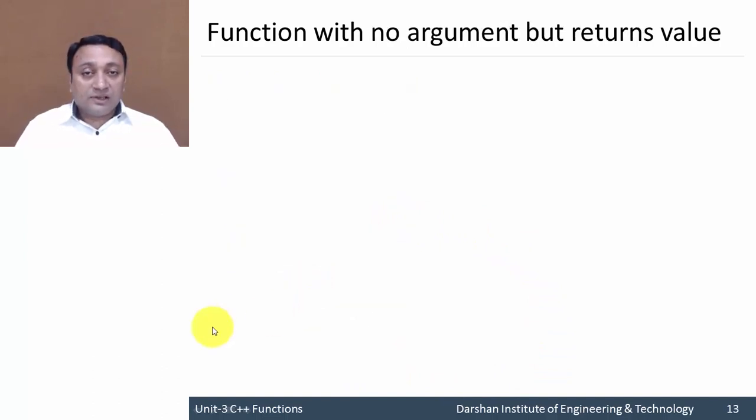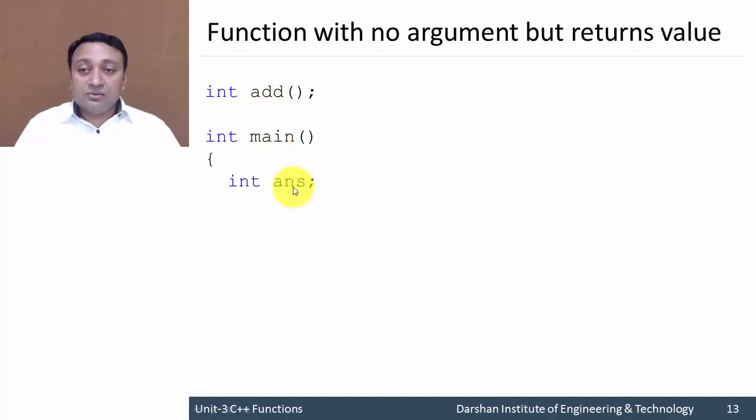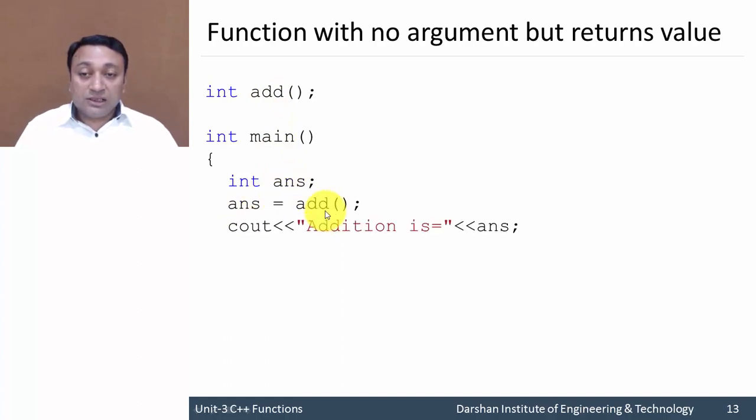Now the same function with the third category, no argument but returns value. Here I am not passing any argument but it will return some integer value. So the function is going to return a value, it will be answer. So I have declared the answer variable, function called, but I have not passed any value.